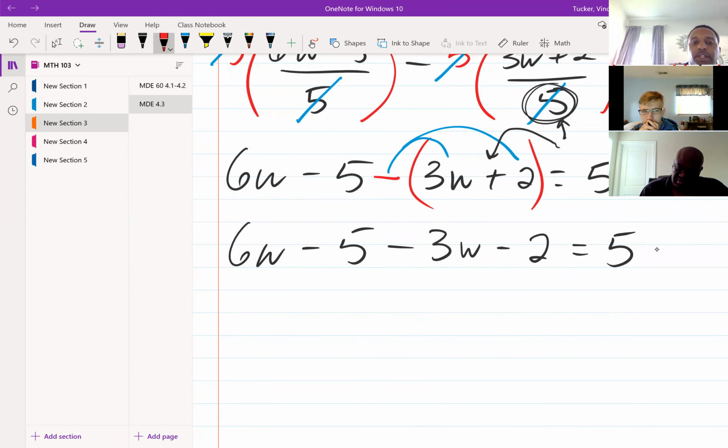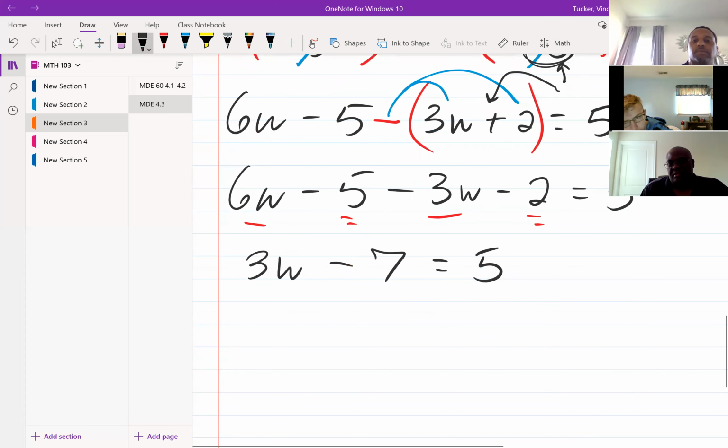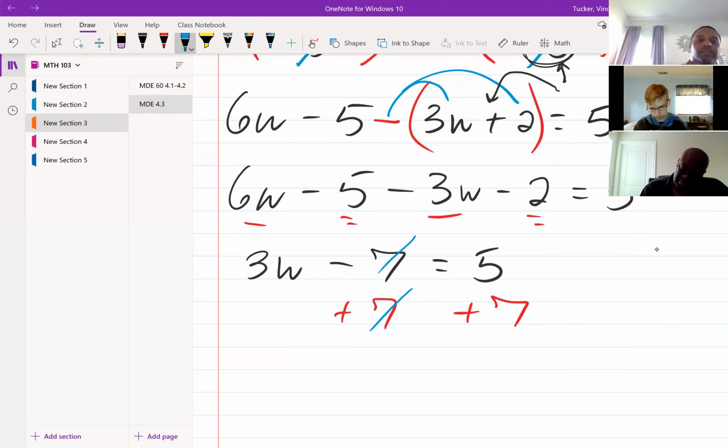So now we're in position that we can combine the like terms. 6w minus 3w is 3w. Minus 5, minus 2, minus 7. That's equal to 5. Add 7. 3w equal to 12.